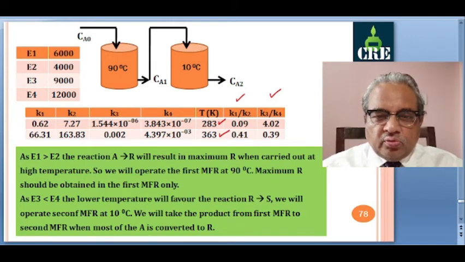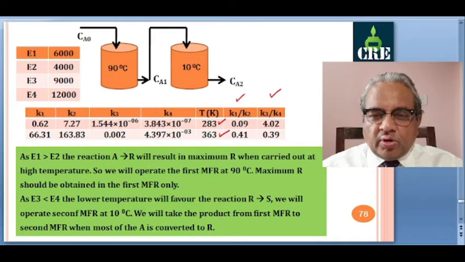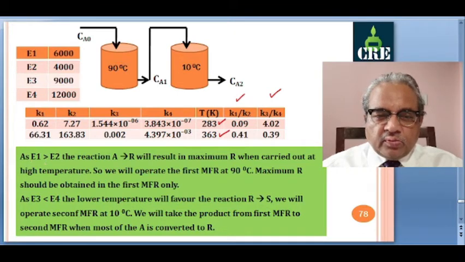Now if you look at these values, first compare the first pair of competitive reactions, reactions 1 and 2. E1 is greater than E2, so for the reaction A gives R and A gives T, we want maximum R, so this is carried out at high temperature, because E1 is greater than E2.